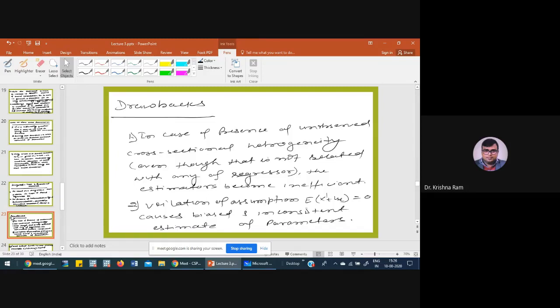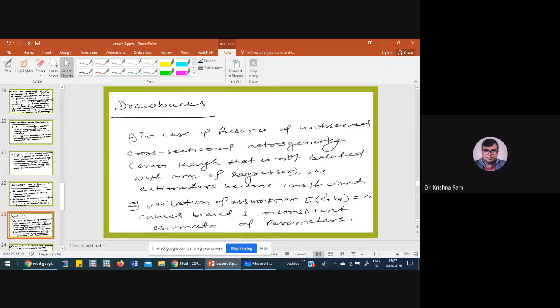But when the unobserved cross-sectional heterogeneity is related with any of the explanatory variables, that violates the exogeneity assumption, and in that case we will get biased and inconsistent estimates of the parameters. I told you earlier also that we use panel data sets because of this unobserved heterogeneity.